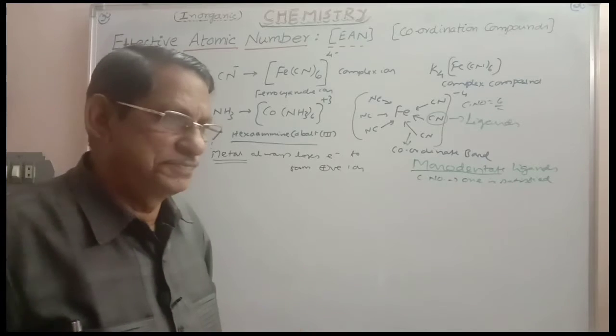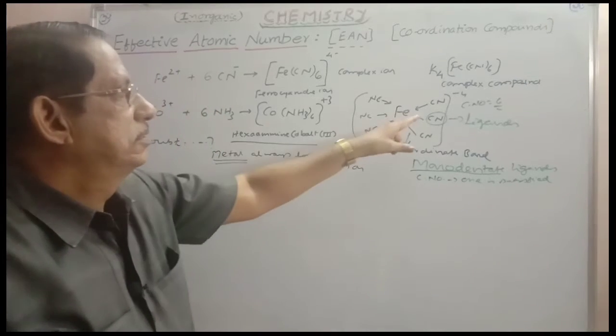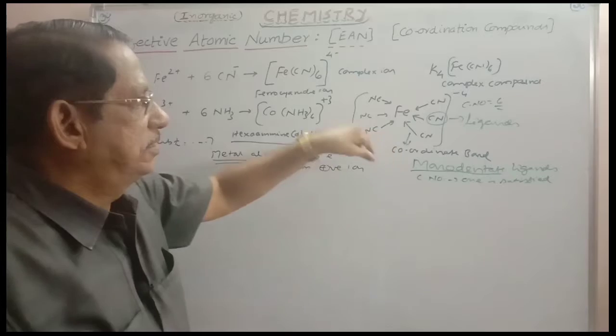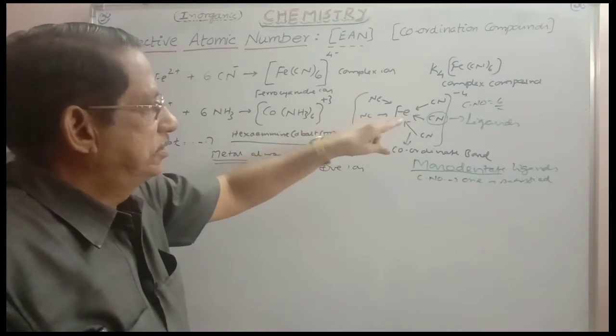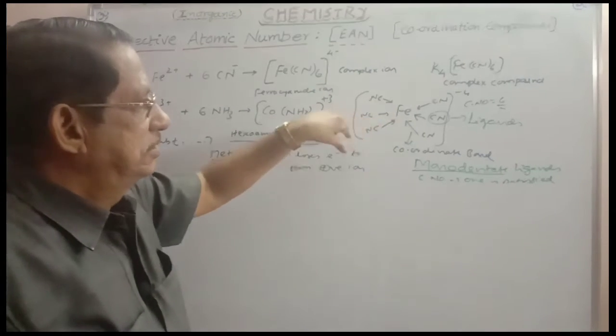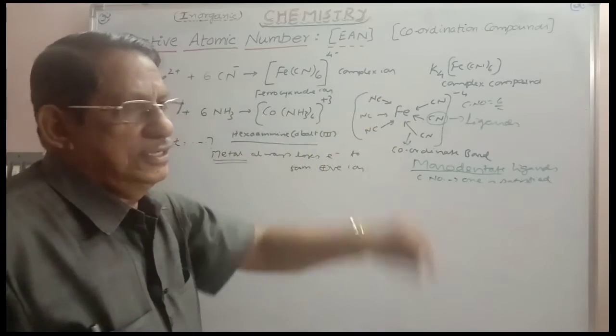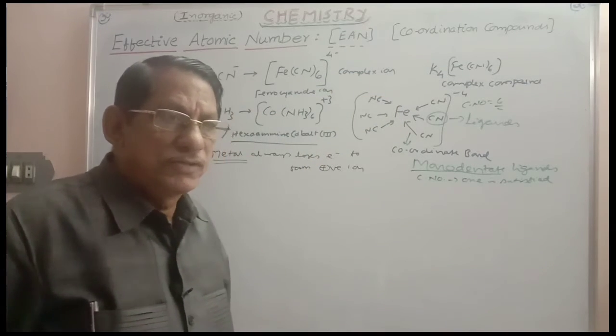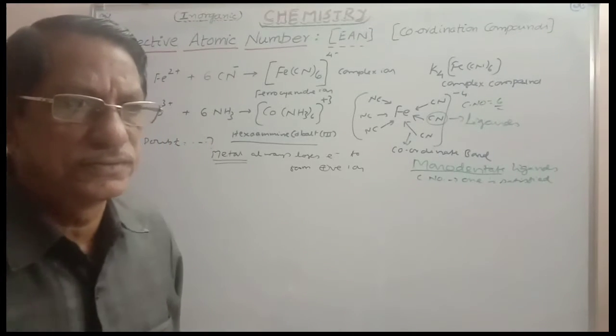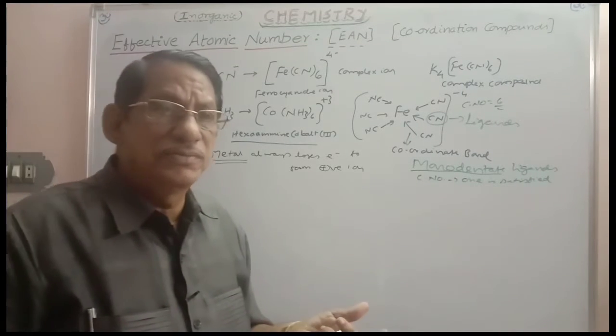What happens here? If you take cyanide ion, every cyanide ion is donating a lone pair, of course. In this way, we are having 12 electrons accumulated in the ferrous ion. 12 negative charges are there in the ferrous ion. How can the metal ion accumulate the negative charge?